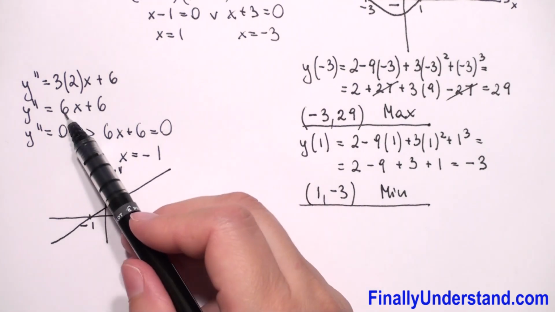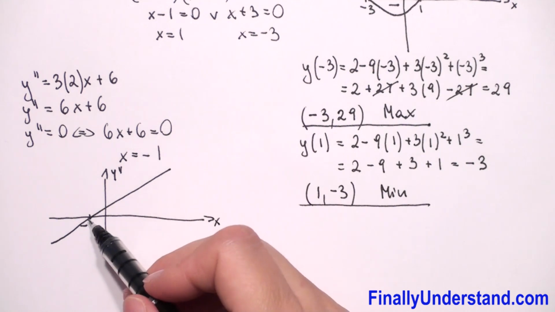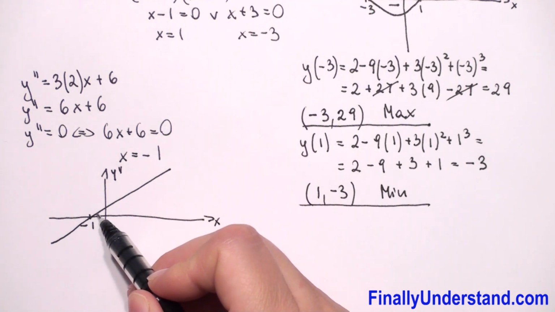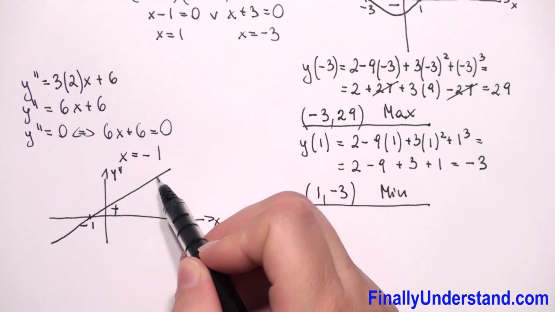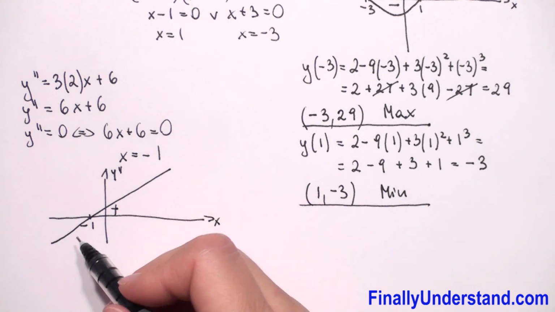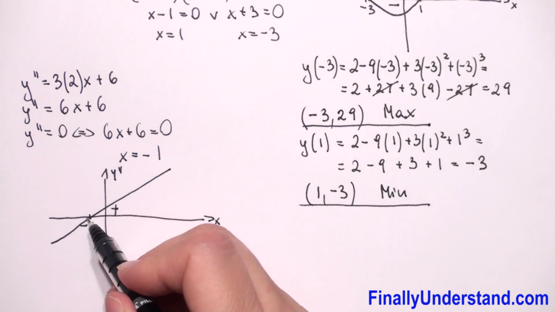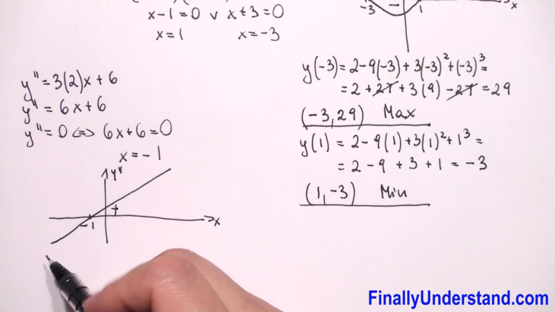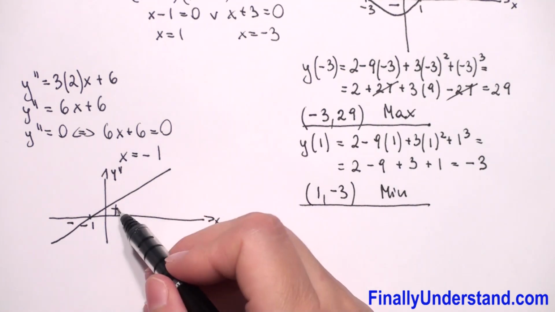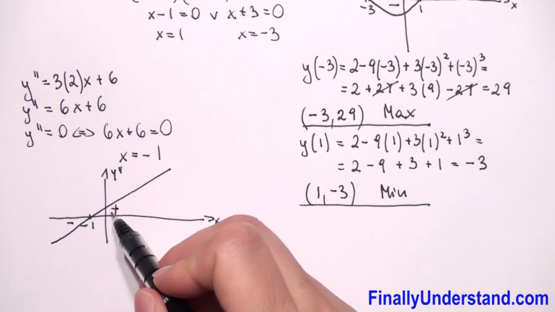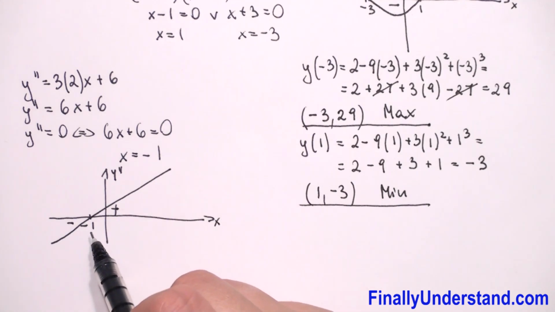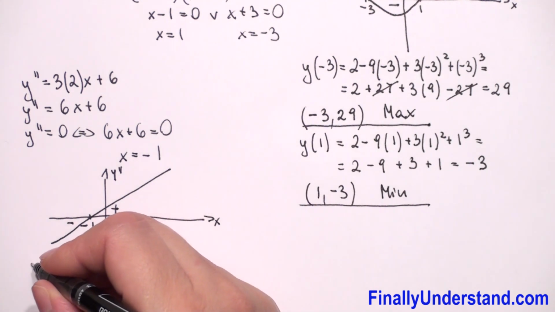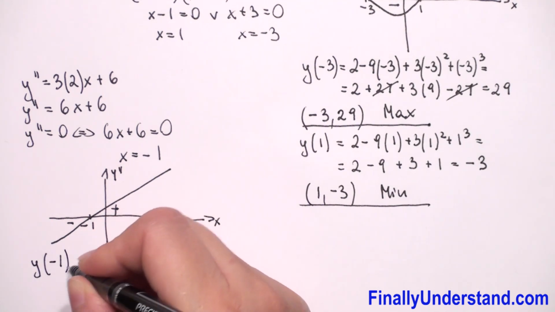On the right side of negative 1, we have positive values because this part is above the x-axis. And this part of our graph is under the x-axis, so it has negative values. Because the second derivative changes sign, we have an inflection point for x equals negative 1.